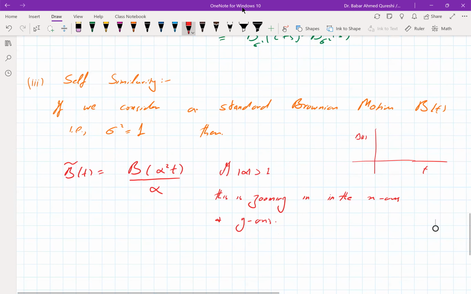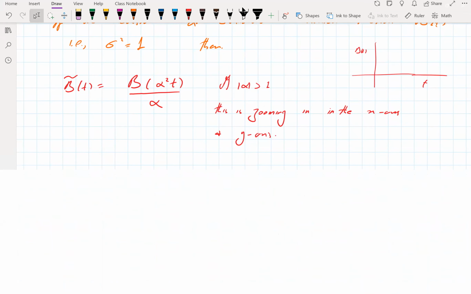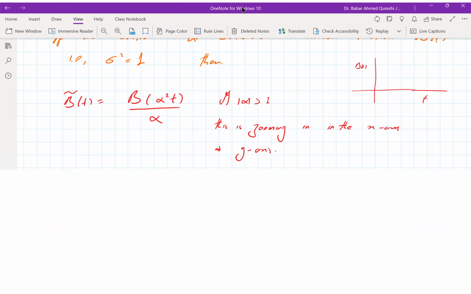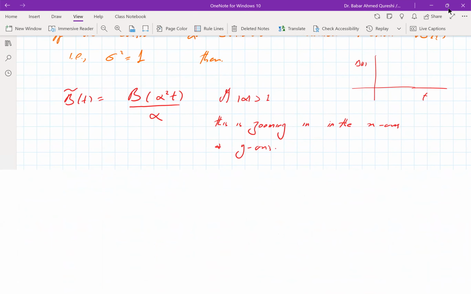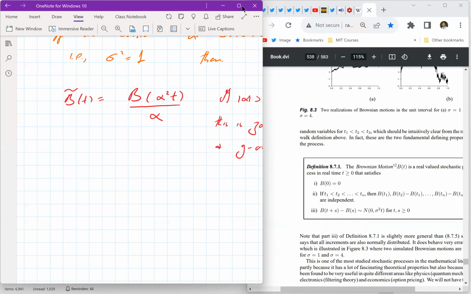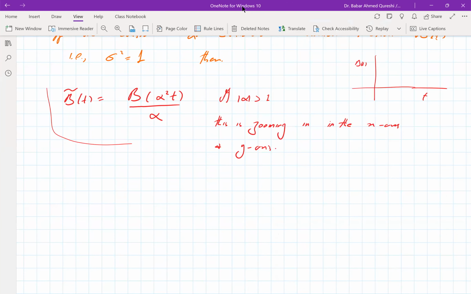So what you get from here is that this guy is also a standard Brownian motion.